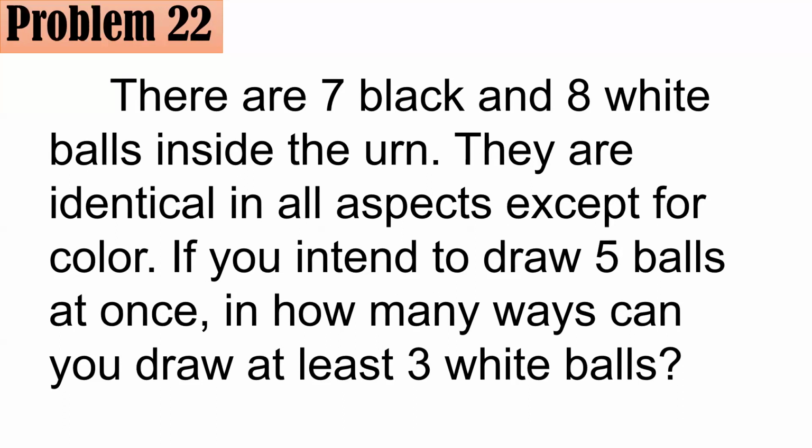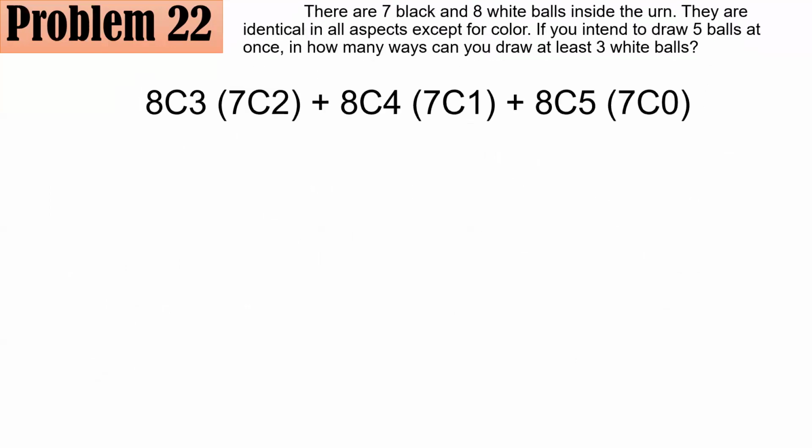And the number of black balls would also adjust depending on the number of white balls. Okay? So here we have actually three cases. The first case is, remember, out of the eight, you will choose 8C3 here. You could have three white, and you remember you will get five balls.